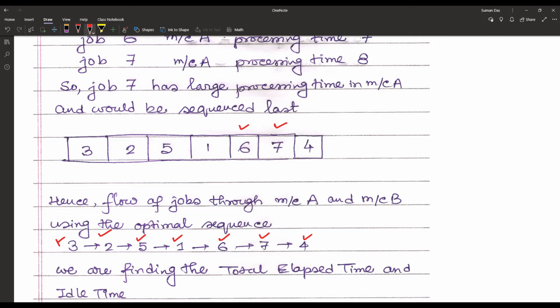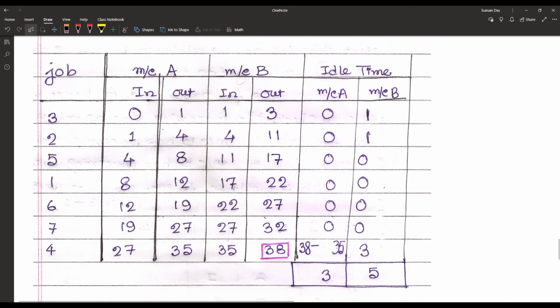Now how do we find the total elapsed time and the idle time? Let us construct a table here. In the first column we write the job, in the second column in and out for machine A, in the third column in and out for machine B, and the last column is for idle time.